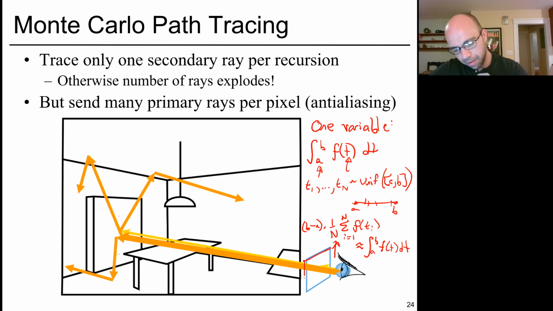So there's a pixel sitting in front of our eye, and we're going to send a bunch of samples through that pixel. But now each one of those, rather than computing a bunch of samples for this hemispherical integral, we're going to compute an extremely noisy integral by taking only one sample.